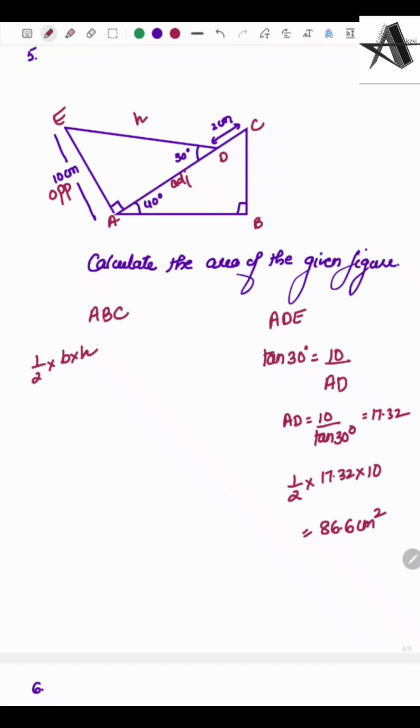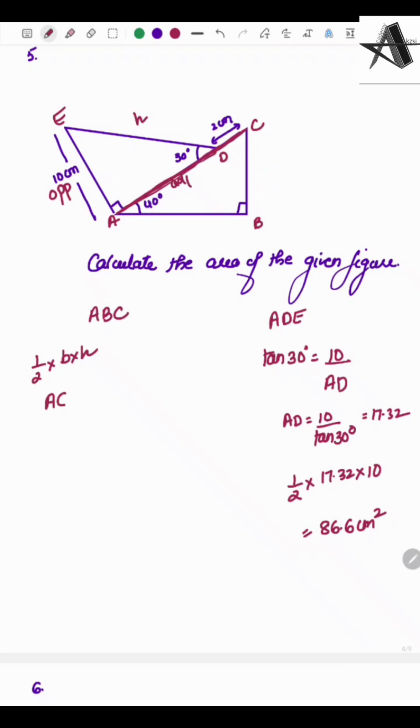Now I need to calculate for ABC. We just saw at the beginning of this question that only one parameter of ABC is known, which is the angle. But now we have the hypotenuse as well. How? Because we have calculated AD to be 17.32. And DC is already mentioned as 2. So I have this whole AC.